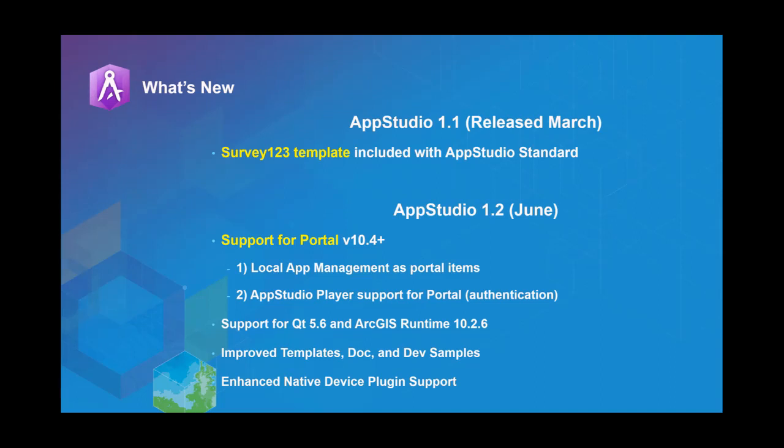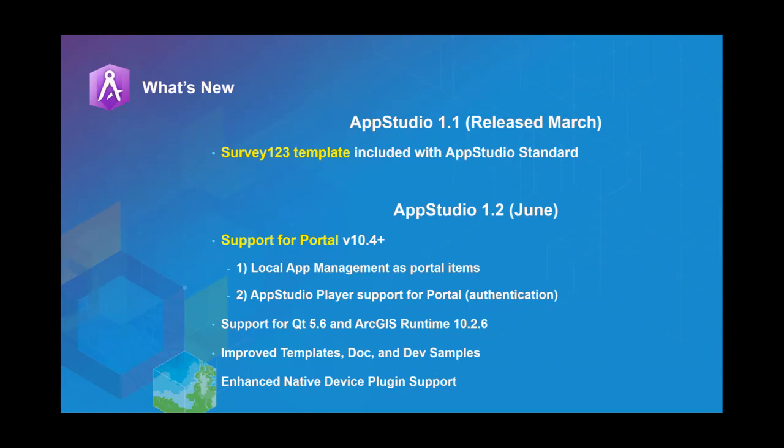So what's new: the big release was in March. We had the template for Survey123. That was important to a number of our customers, and we think people are really going to enjoy that. We already have a few that are customizing it for their needs. And then the one we released just last week is Portal for ArcGIS.